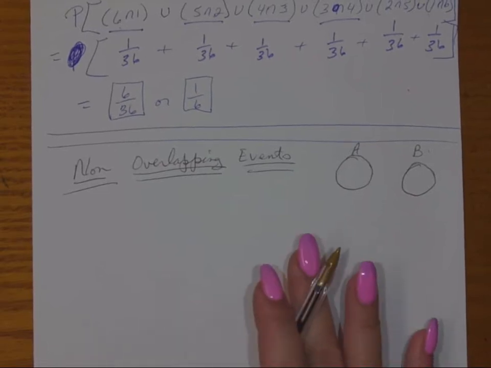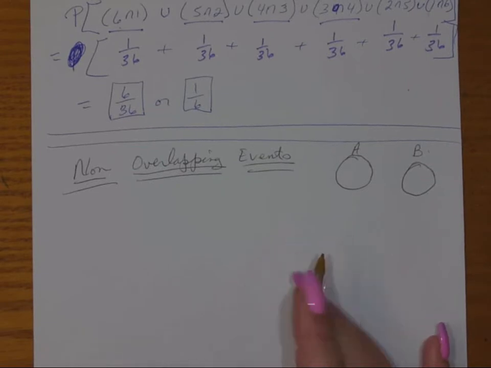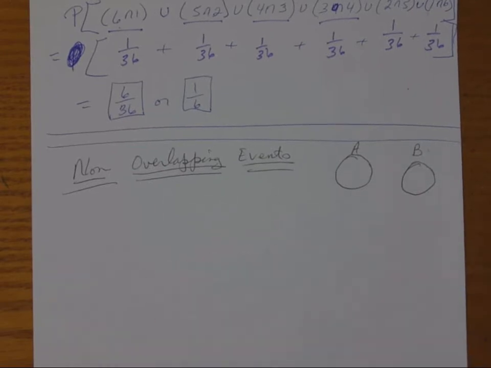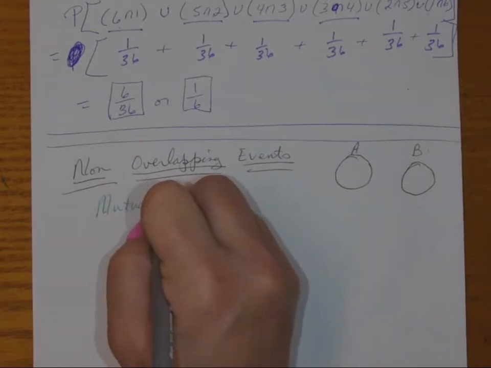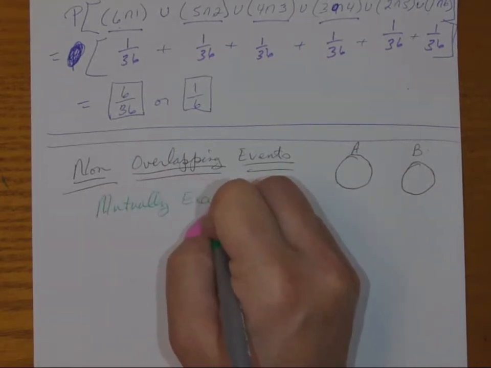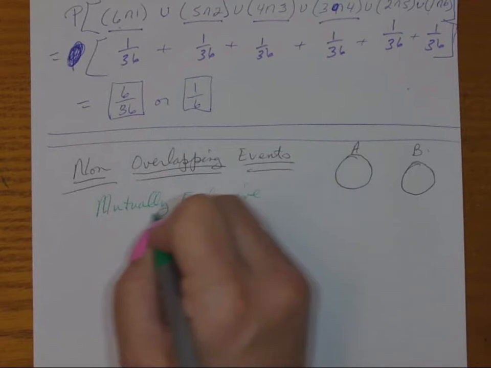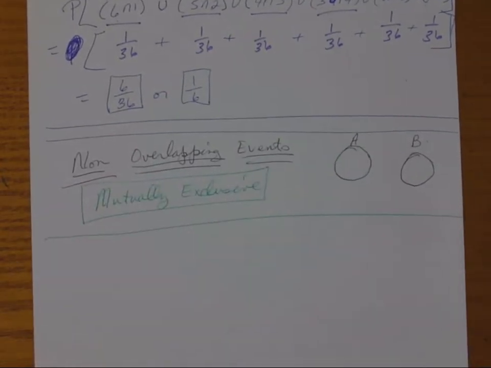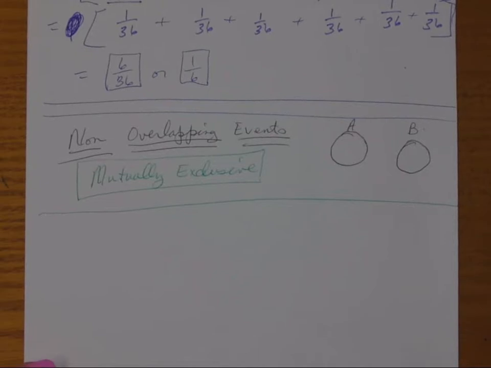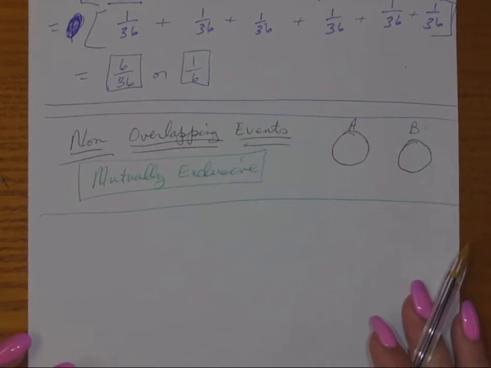However, sometimes we will have overlapping. These, by the way, are called mutually exclusive events. Mutually exclusive just means you don't have anything in common. You're exclusive of each other. My two classes don't have any students in common.